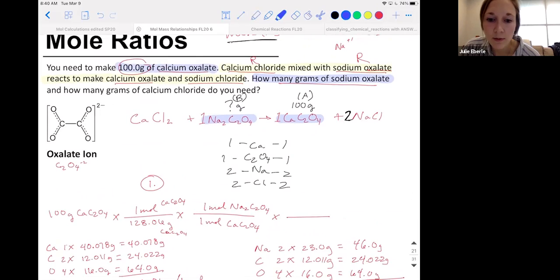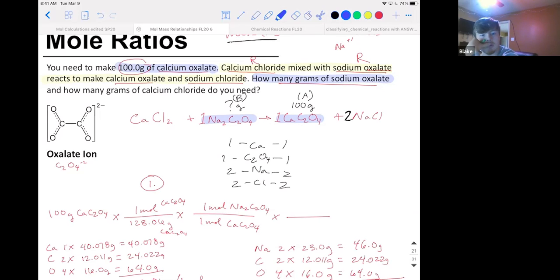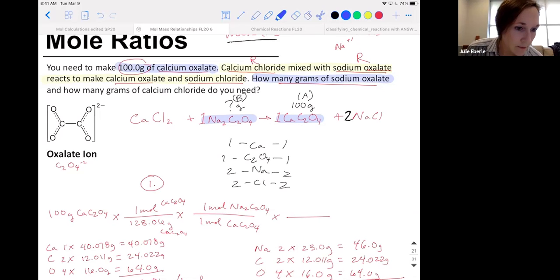So the reason we picked the mole to mole ratio between calcium oxalate and sodium oxalate, Blake, was because from the question, we're starting with the calcium oxalate and answering how many grams of the sodium oxalate. That's why we're looking at the mole to mole ratio specifically for those 2 things. Does that help? Yes, ma'am. Thank you for asking that.